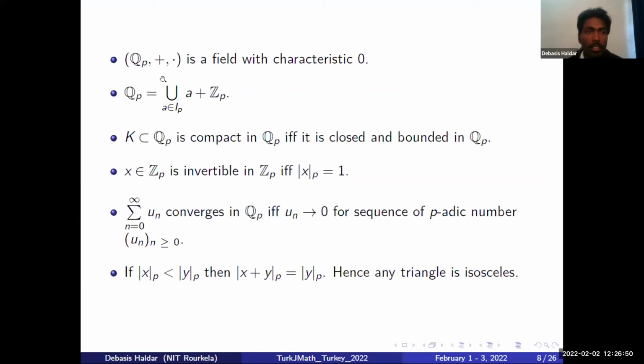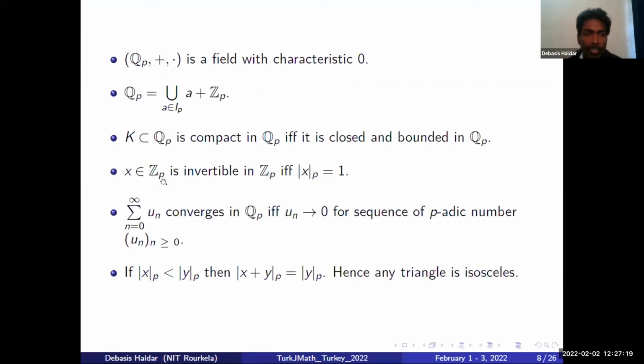Qp with respect to addition and multiplication is a field with characteristic 0, and the Ip shifts of Zp form a partition of Qp. Any set K is compact if and only if it is closed and bounded.